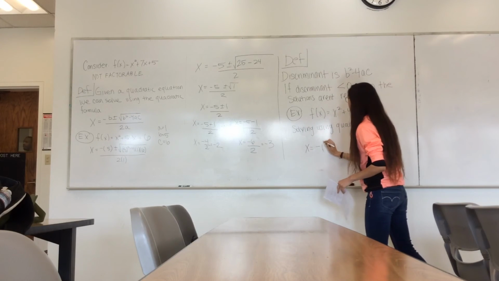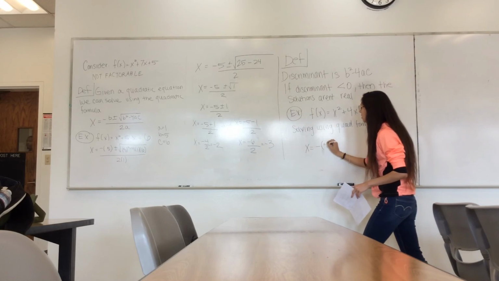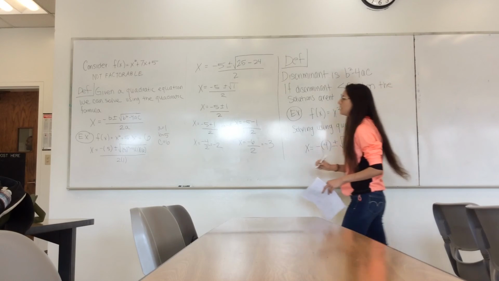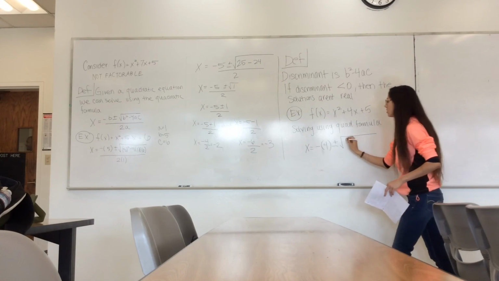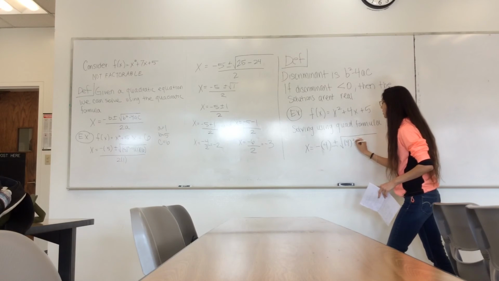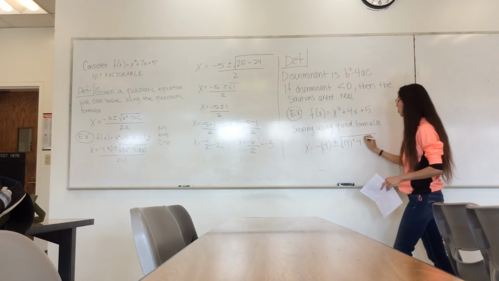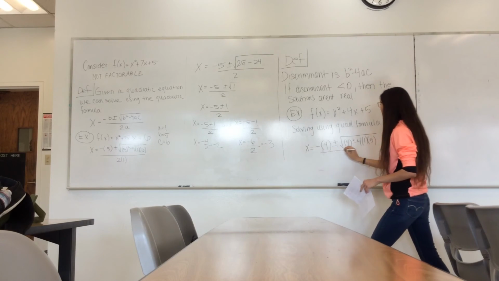What is my negative b? My b here is attached to the x. It's a 4, plus or minus the square root of b squared minus 4ac. My b squared is going to be 4 squared minus 4 times a, the coefficient from the x squared, which is 1, times c, which is 5, all over 2a.